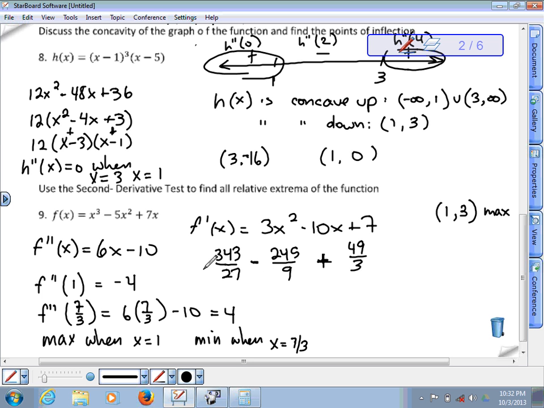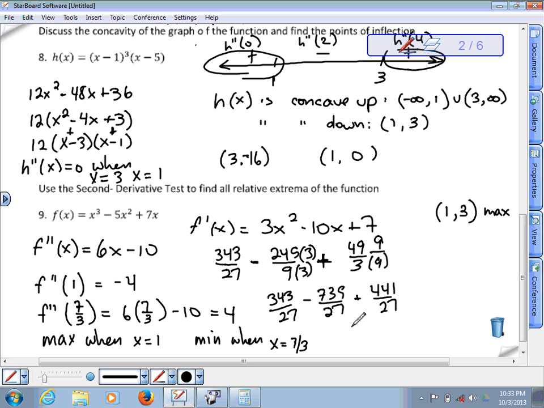So to combine all these, we've got to get a common denominator. So multiply 9 by 3. So we're going to have 343 over 27 minus 735 over 27 plus 441 over 27.